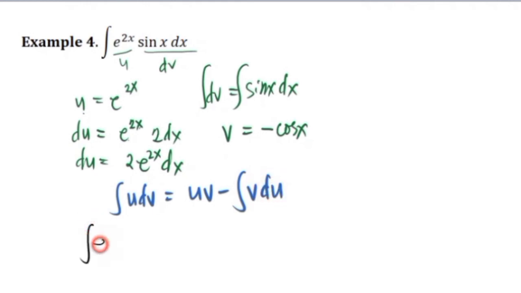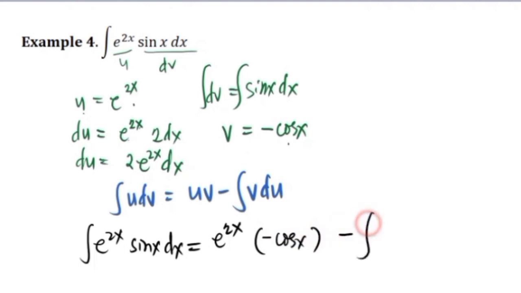So we have here e raised to 2x sine x dx is equal to uv. So yung u natin ay e to the 2x and your v is negative cosine x minus the integral of v du.